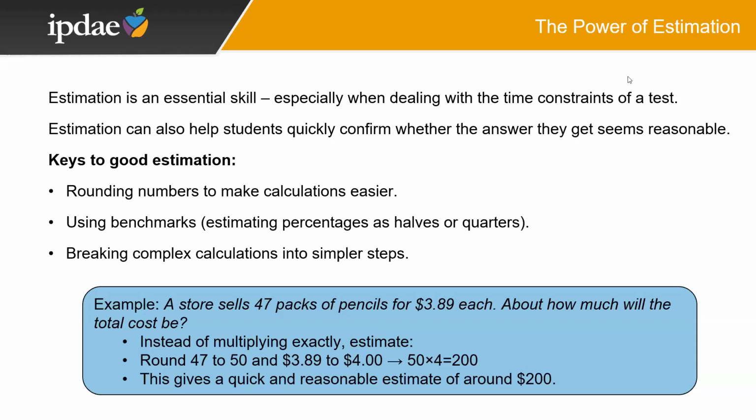Okay. And then what we have to remind our students is to think about, okay, now as I look to my answers, did I round up or down? Well, I rounded both of these things up. So should I be looking for a number that's a little higher than 200 or a little lower than 200?